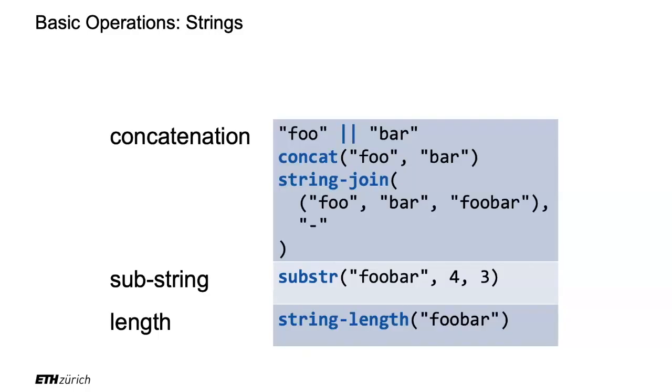What about strings? Well, for strings, typically, it's like in Excel, actually, it's typically a library. You have libraries that allow you to extract the first characters of a string, the last characters of a string, characters in the middle of a string, to find characters in a string. You can concatenate strings and so on and so on. So there is a very large function library, subs, string join, string length, and so on. This is all a standard.